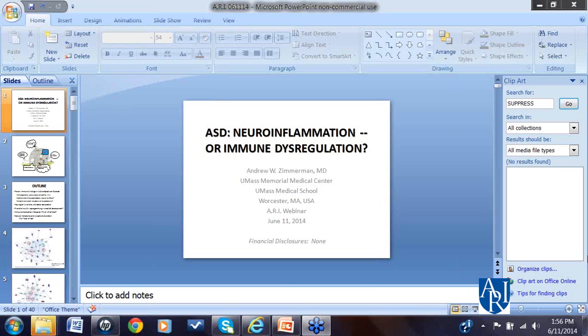So this parent is asking about seizure disorders. He's saying his son takes valproic acid for seizures. Valproic acid is a well-established treatment. It's very safe, and it needs to be monitored with lab tests periodically for the level of the drug and for its potential effects on the liver and so on.